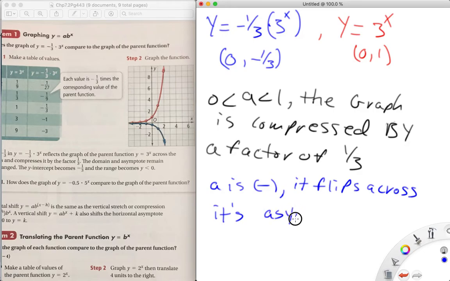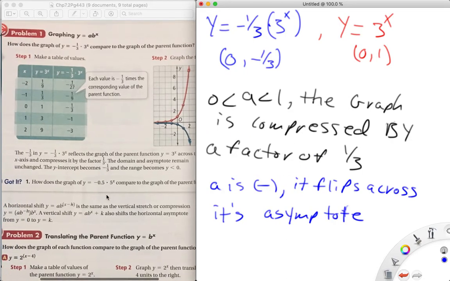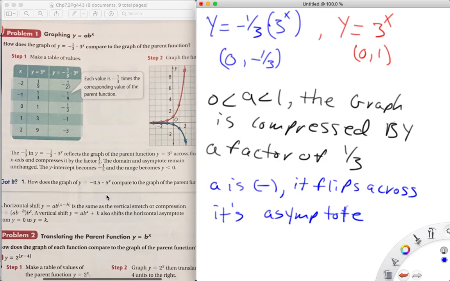I forget how to spell asymptote. I think that's how you spell asymptote. All right. In this case, the asymptote is the x-axis. All right. So another word for flip you can use is reflect.